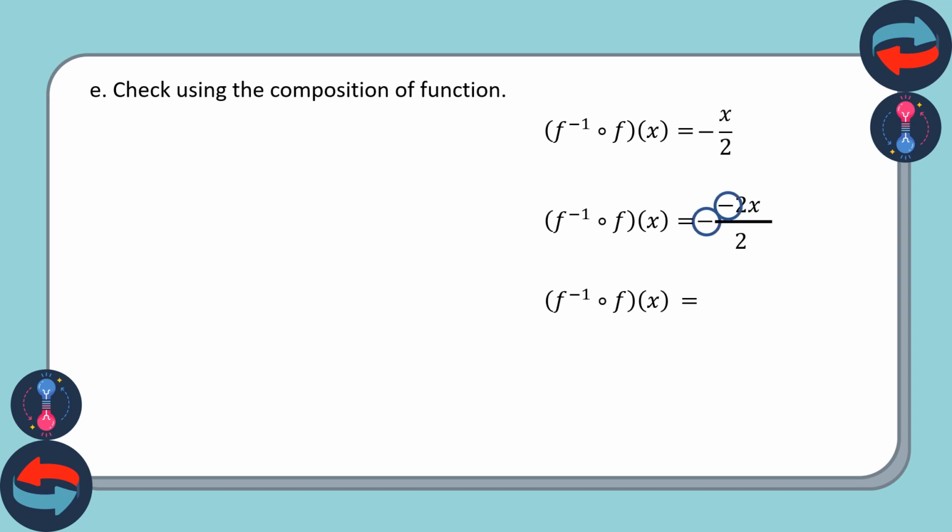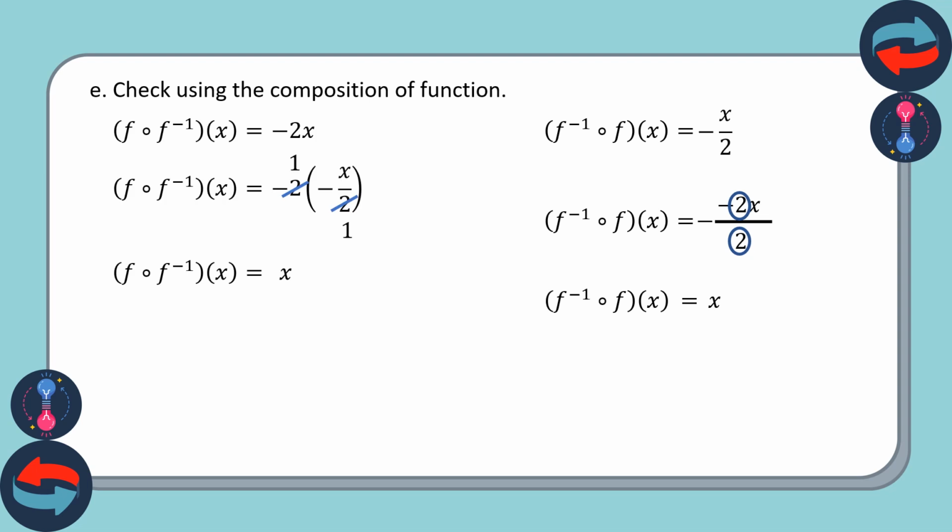Negative times negative is equal to positive. 2 divided by 2 is equal to 1. And the remaining term is now our final answer. The inverse of f circle f of x is equal to x. x is equal to x.